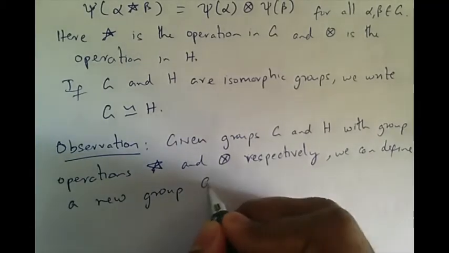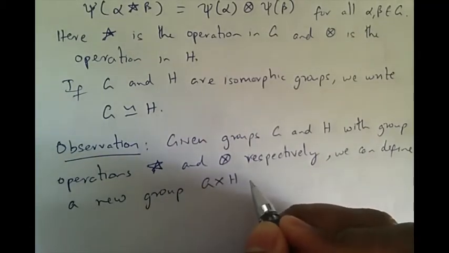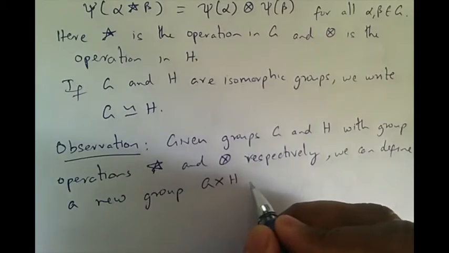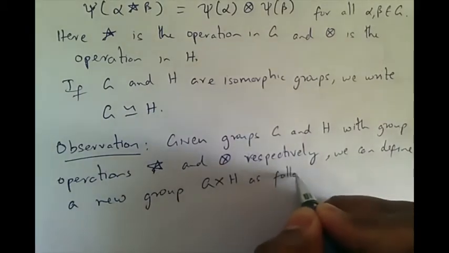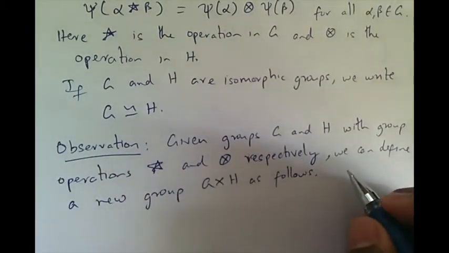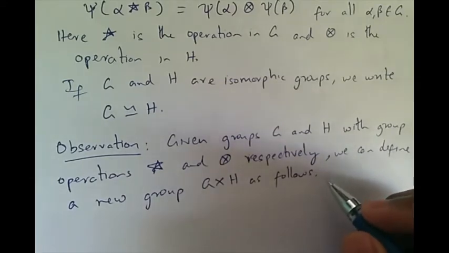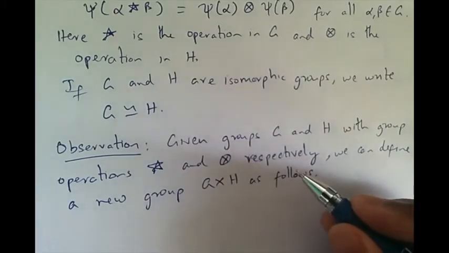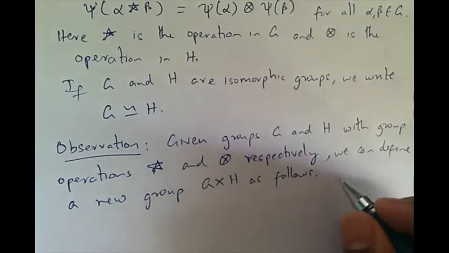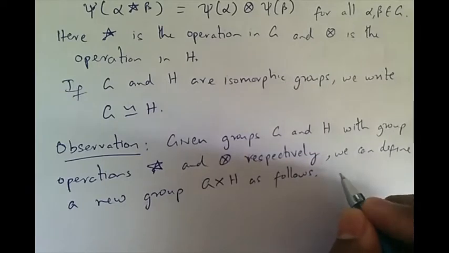The group will be on the Cartesian product of the sets G and H. And the binary operation on G cross H, this Cartesian product, will be coordinate-wise operations in the groups G and H.